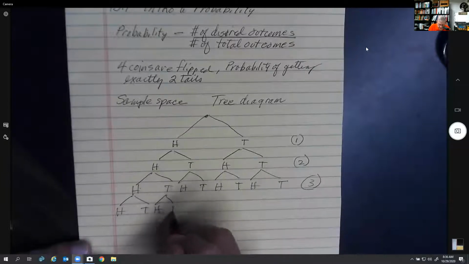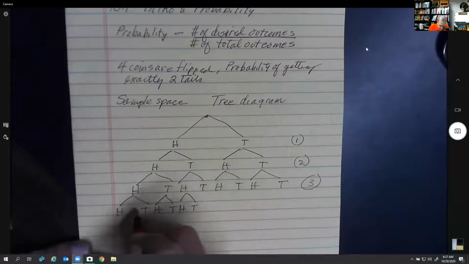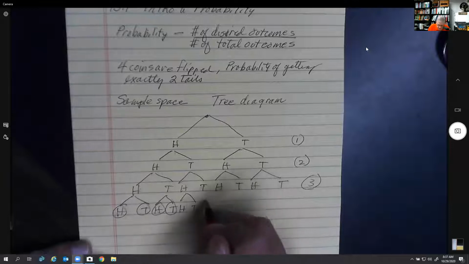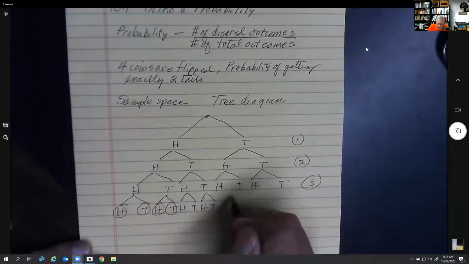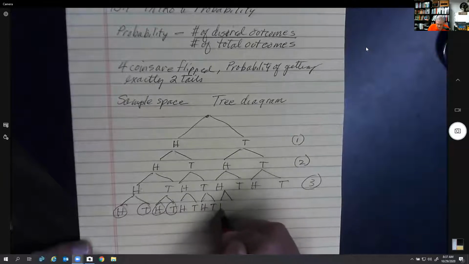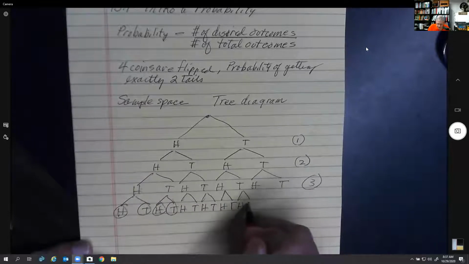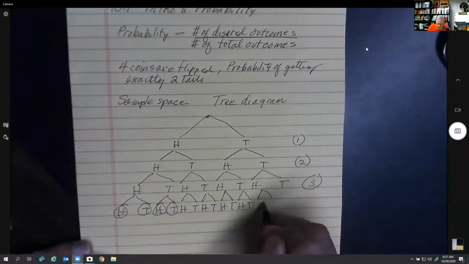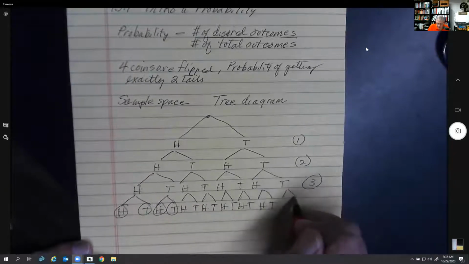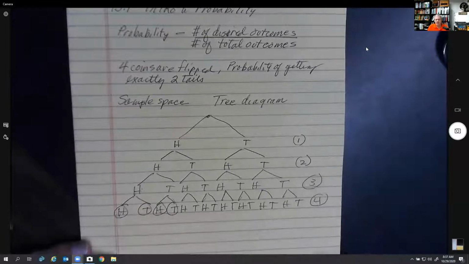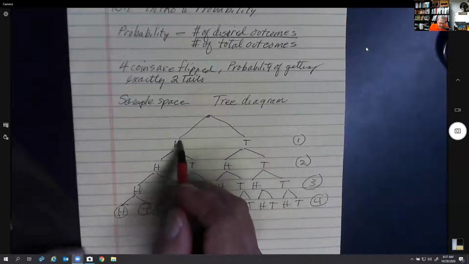Head, tail. Getting smaller here. Head, tail. Let's circle these. Not the prettiest, huh? Head, tail, head, tail, head, tail. So now I flipped them 4 times. Okay, so let's list these combinations here.